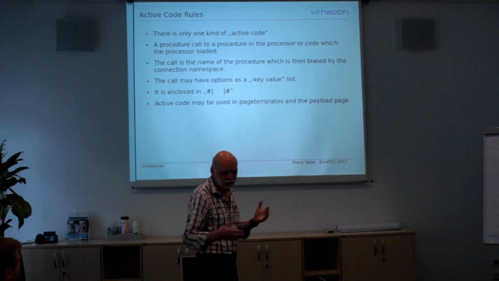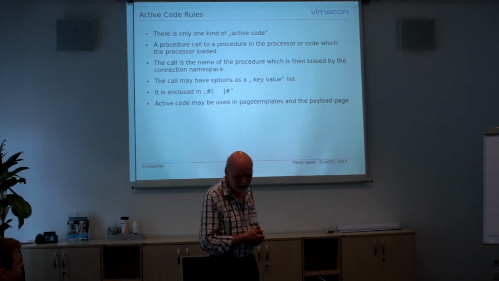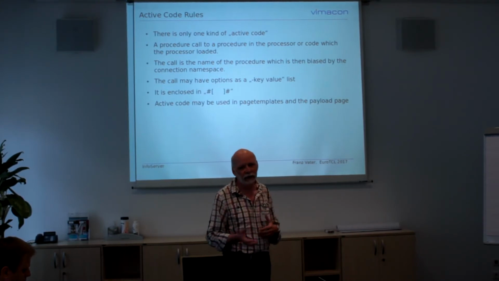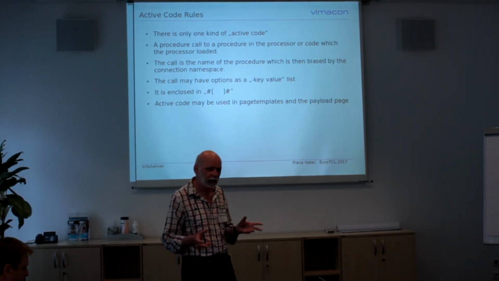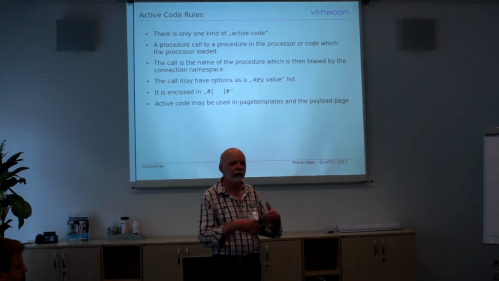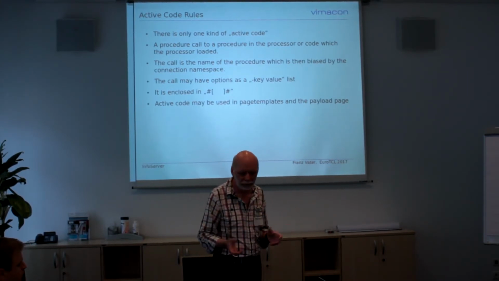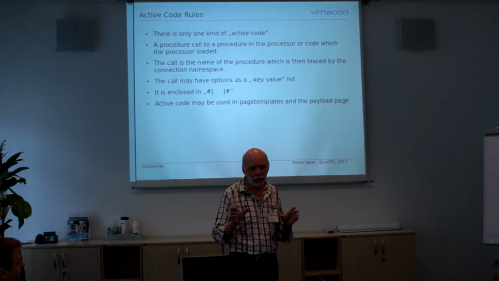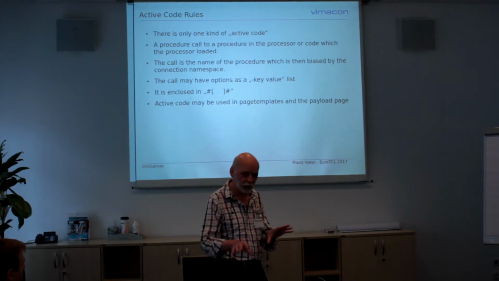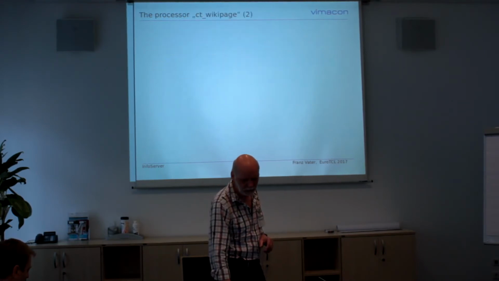Active code may be used in the template as well as your payload data. That means you can refer to the current skin, for example, or to history or parameters of the URL. And you can control your documents with that.